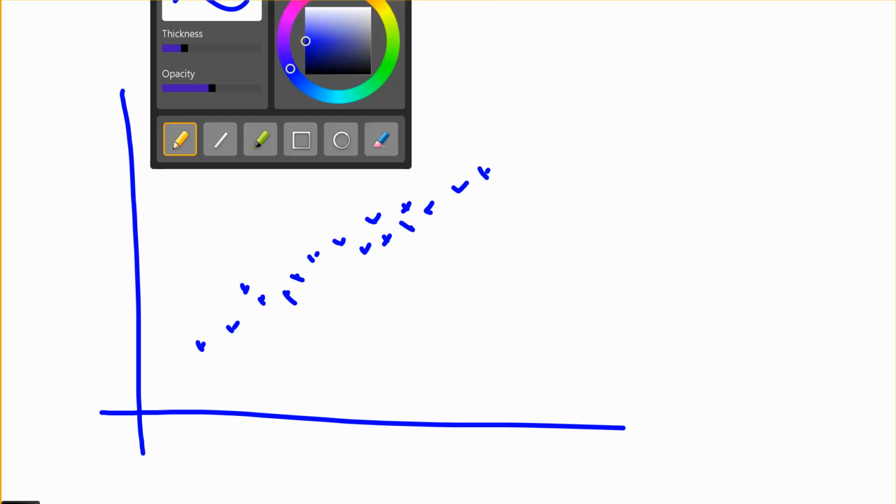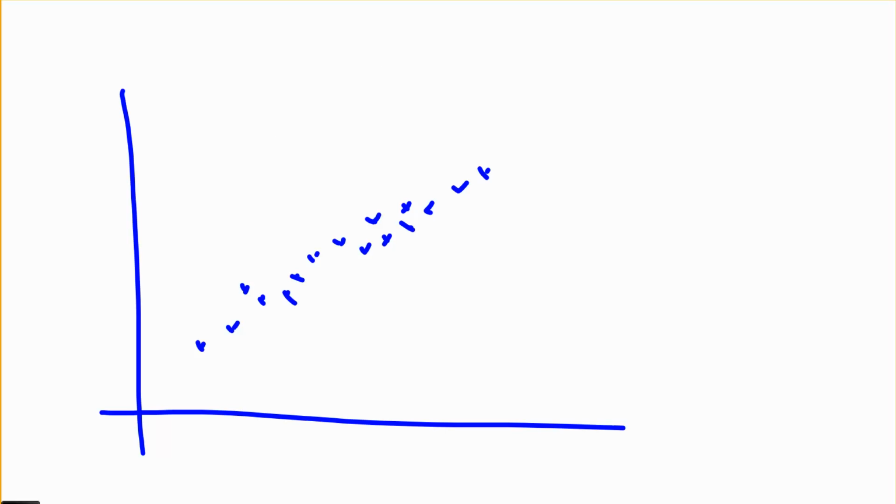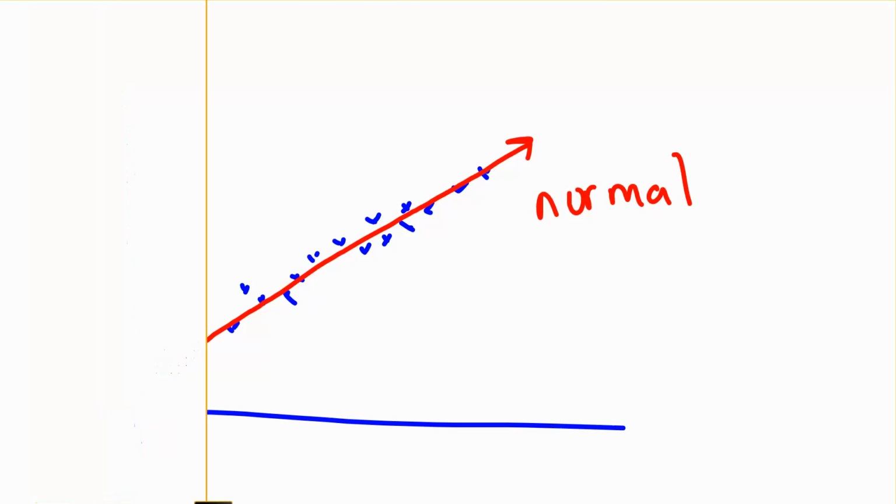That is, could I draw a line that reasonably fits the data? In this case, the answer would be yes. If our normal quartile plot looked like this, we would say that the set of data is probably, or the population is probably, normally distributed, because the points from your normal quartile plot end up kind of lying on a straight line.